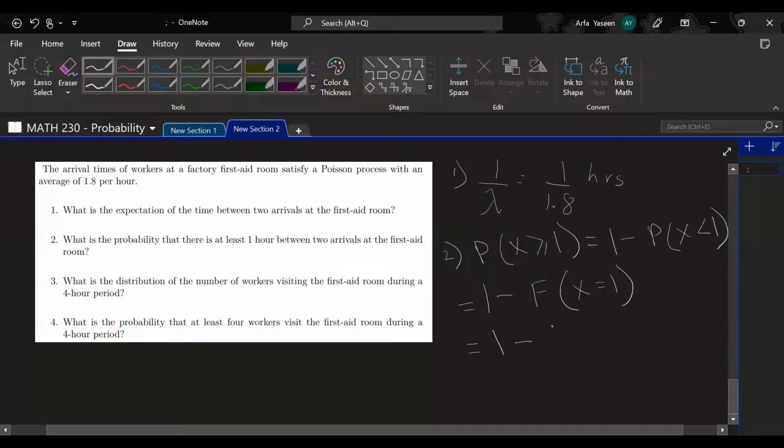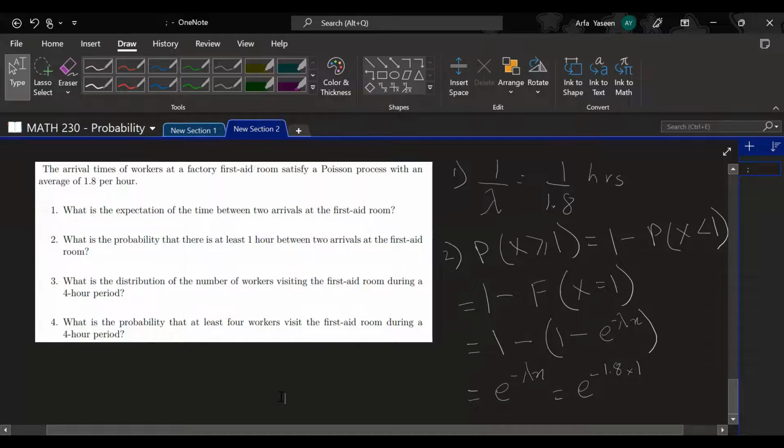And we know that the CDF of exponential distribution is given by 1 minus e to the power minus lambda x.